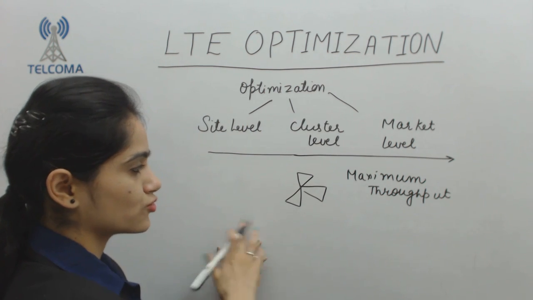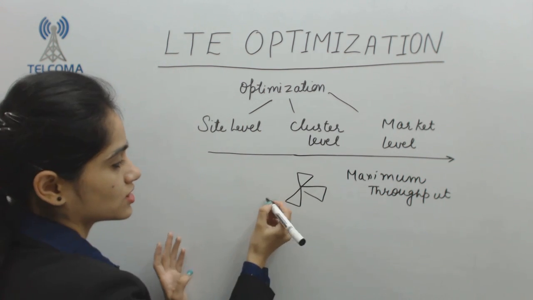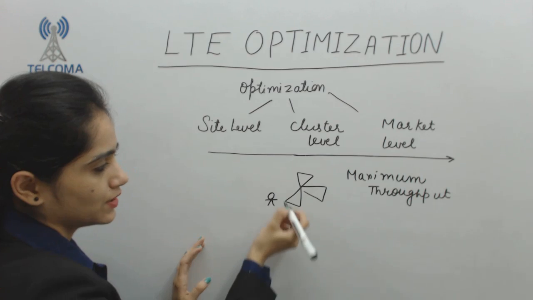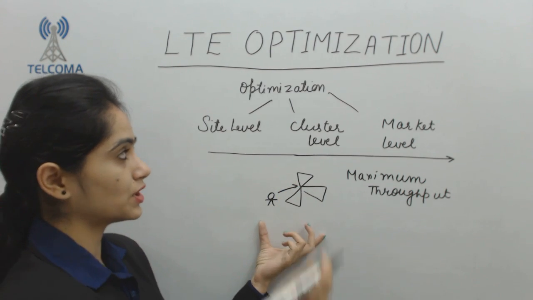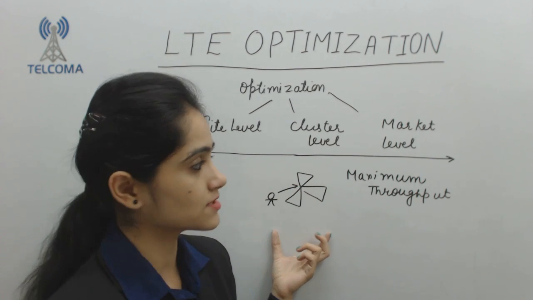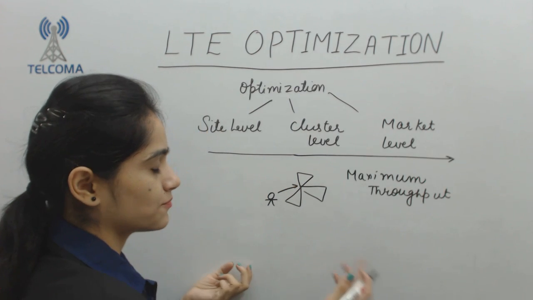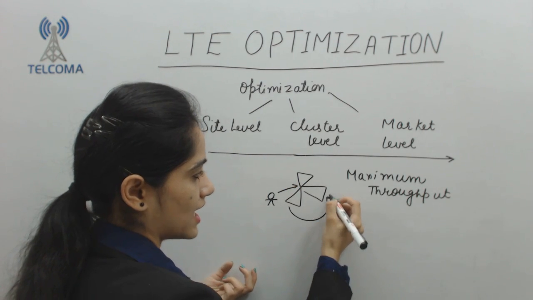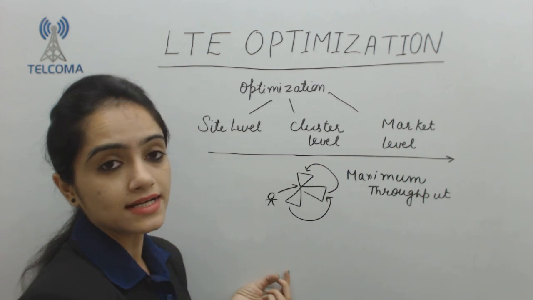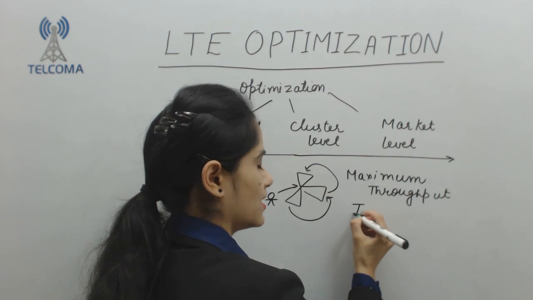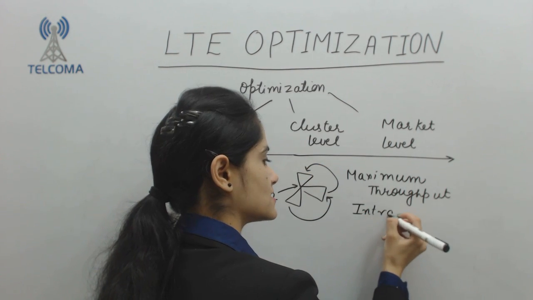So where is the location? The location is close to the site. You require to be close to the site in single level optimization, because you have to find out the maximum throughput. Next, we have to find out the handover, which is intra-cell, not inter-cell. We have to find out intra-cell handovers.